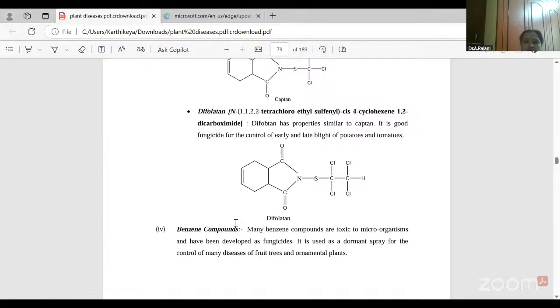It is a good fungicide for the control of early and late blight of potato and tomatoes.